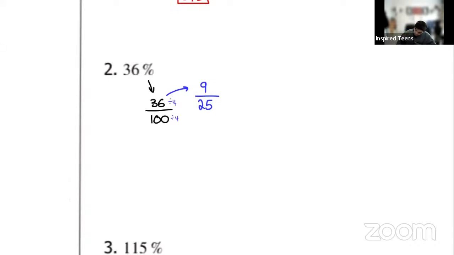And then here, I'm going to convert it to a decimal. This one was the common fraction. If we want to convert it to a decimal, we can divide. Actually, we're going to divide by 100.